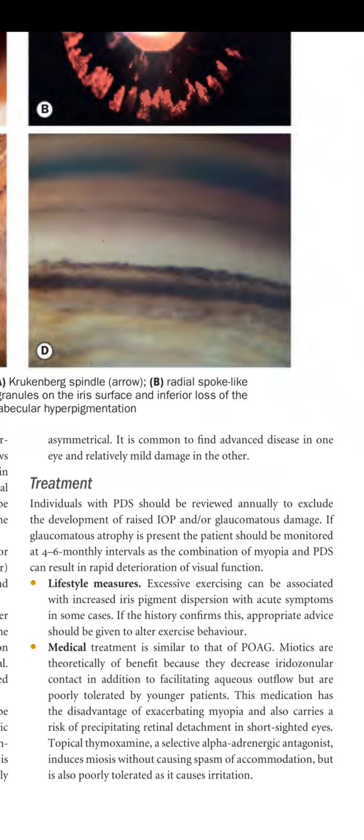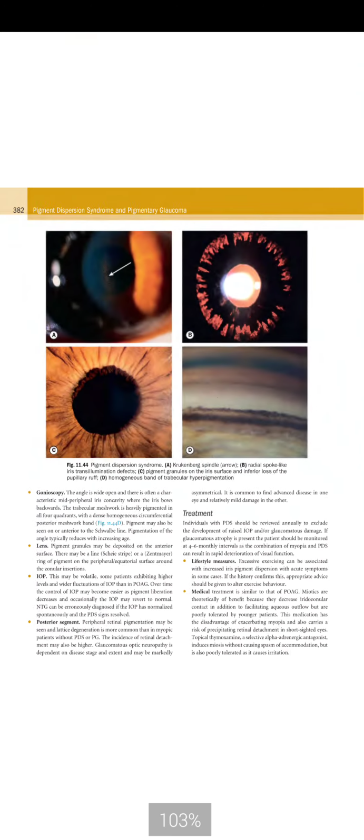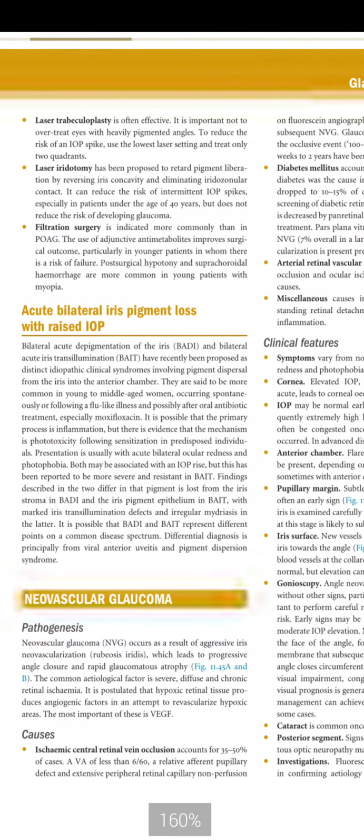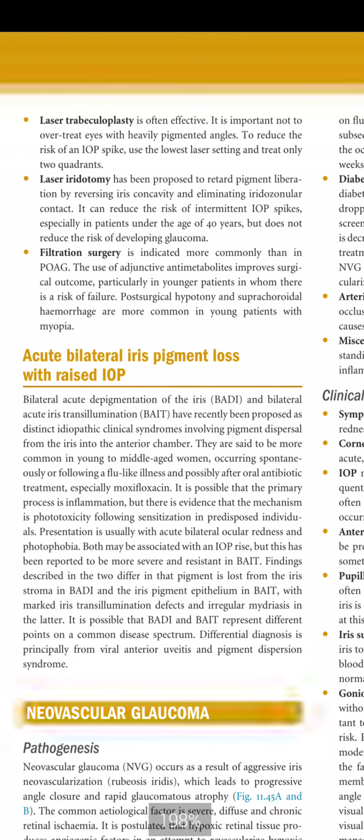So topical thymoxamine, a selective alpha adrenergic antagonist, has been used, which causes miosis without causing spasm of accommodation, but it is also poorly tolerated. Next, laser trabeculoplasty is often effective.